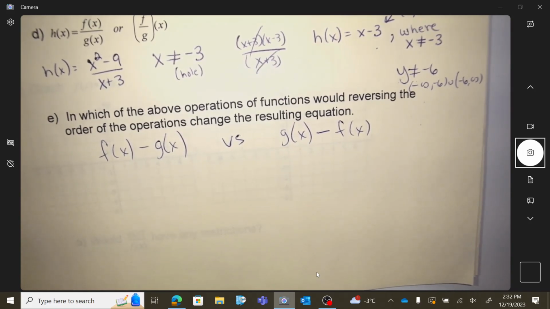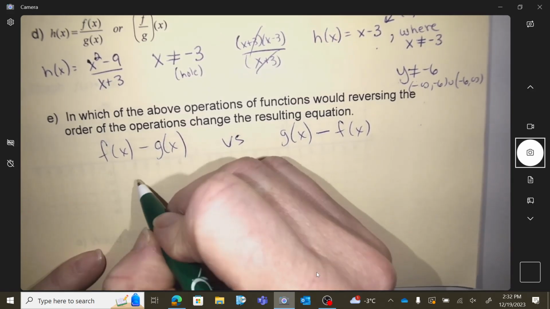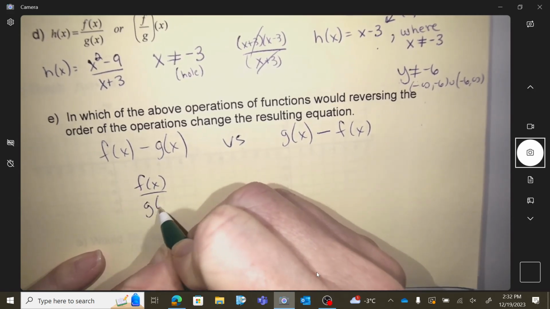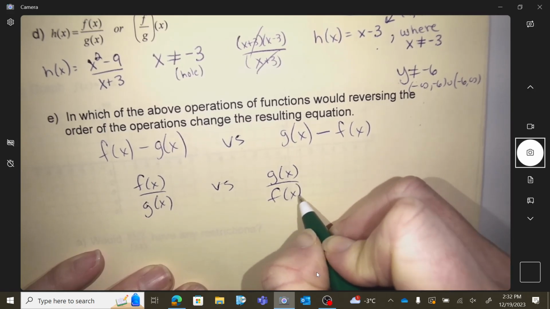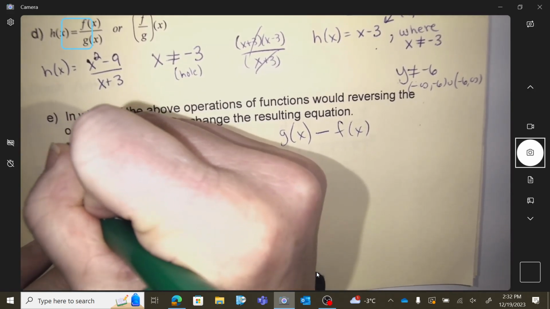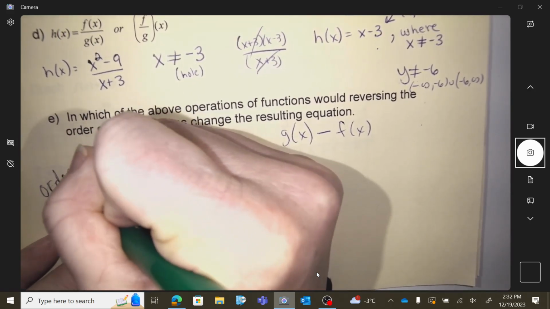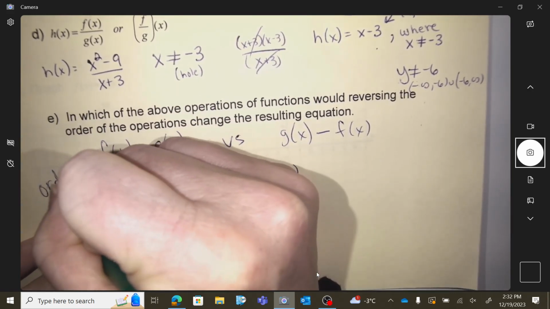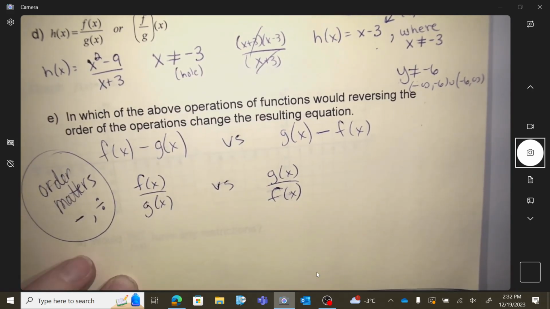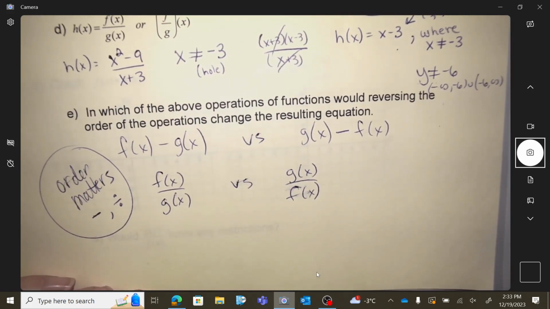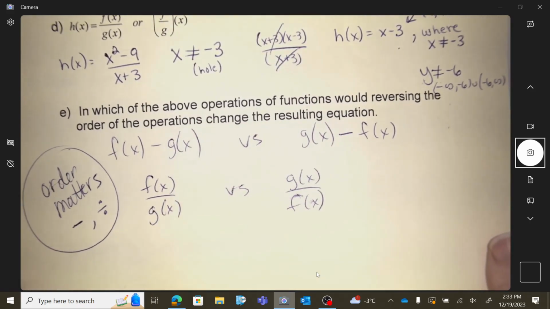If you do the f times the g or the g times the f, does that matter to you? No. What about division? Yes. This versus this, that's different, right? So any kind of subtraction and division, you got to be careful about the order. Adding and multiplying, that order really doesn't matter.